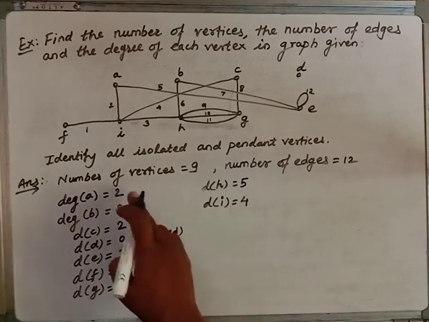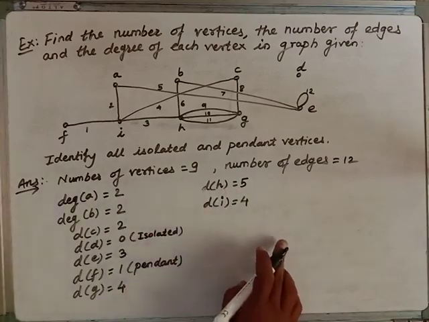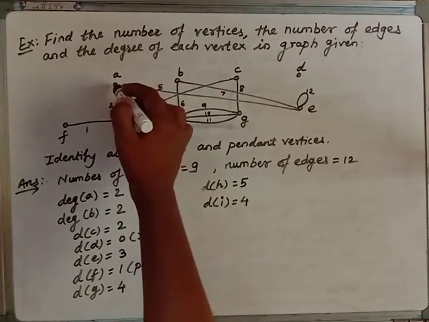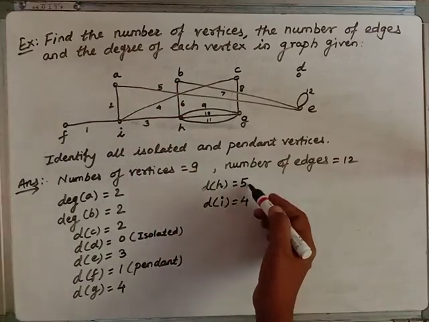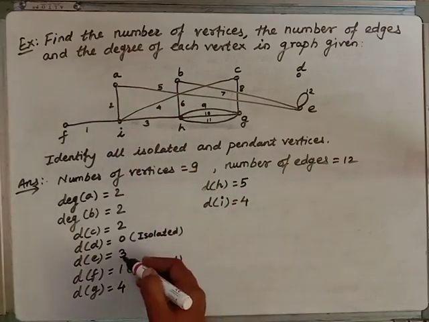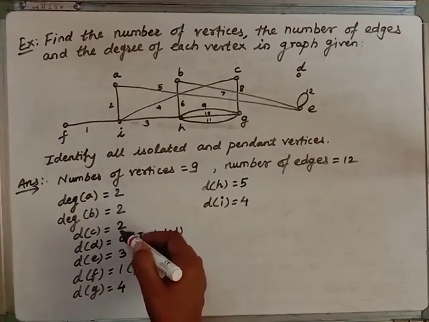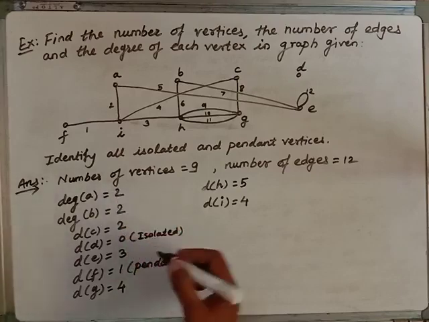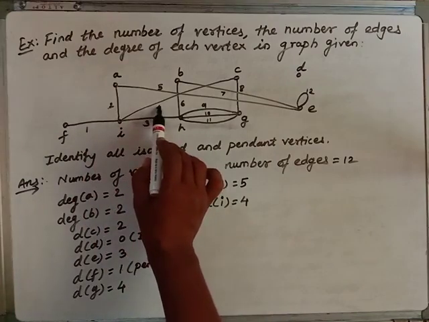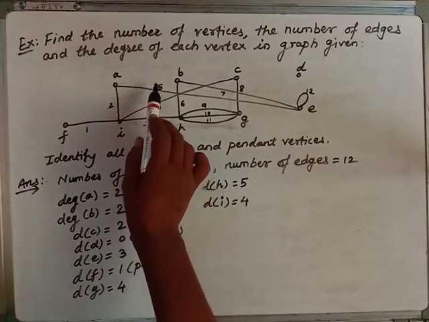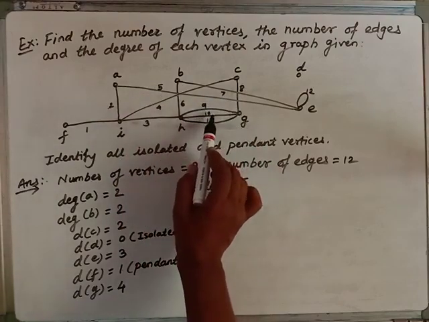Edges can be calculated as these are added and we take half of them, because every edge has been counted at both its ends. So 4 plus 5, 9, plus 4, 13, 14, 15, 16, 17, 19, 20, 21. It will be, is it 12? 1, 2, 3, 4. We haven't counted any one twice. 5, 6, 7, 8, 9, 10, 11, 12.